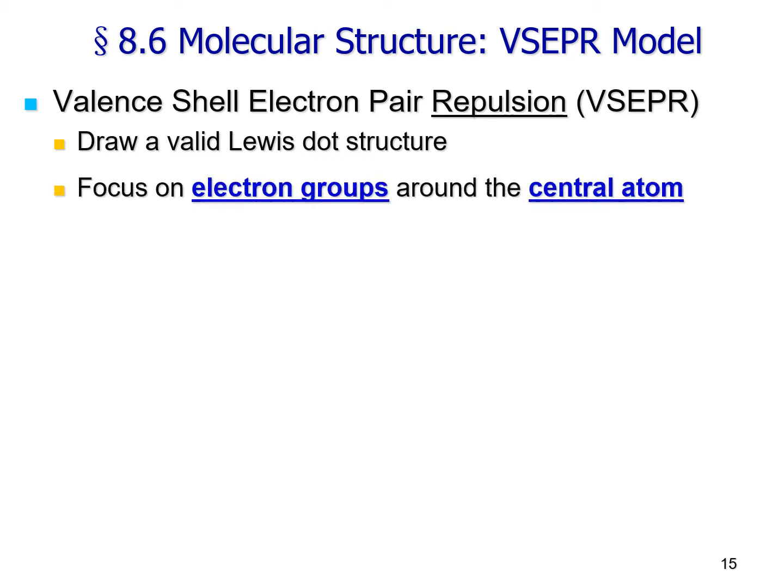Once we finish the loose structure, we focus on the central atom. We do not have to worry about terminal atoms, so we take them away. We ignore them. We just start to count electron groups around the central atom and the central atom only.